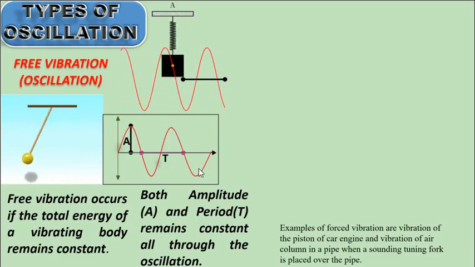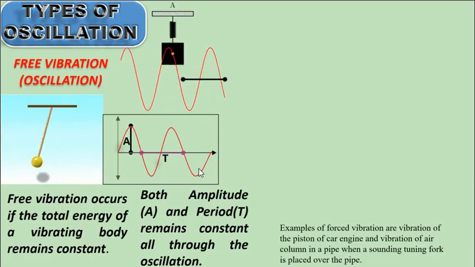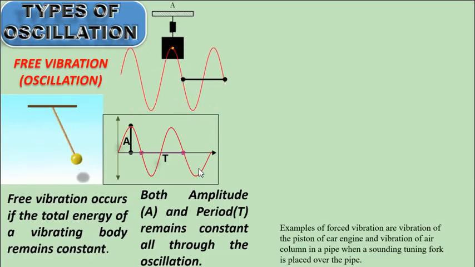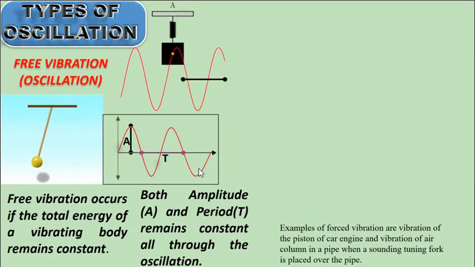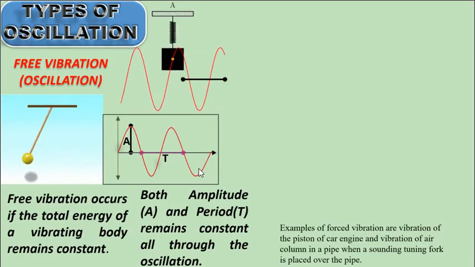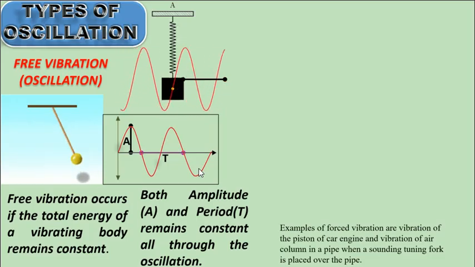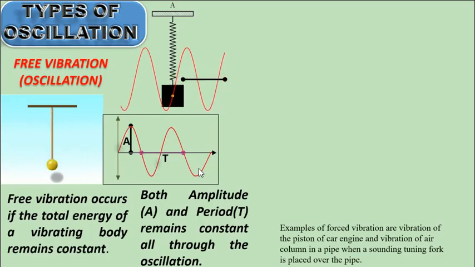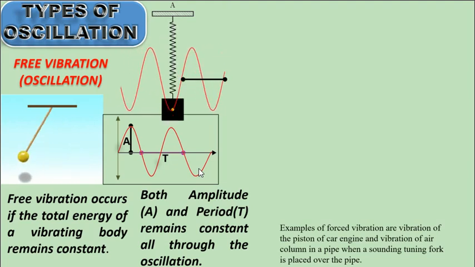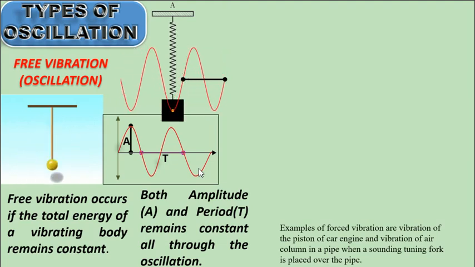So when an object vibrates so that the energy remains constant, implying that the amplitude and the period of oscillation remain constant all through the vibration, such a vibration is known as a free vibration or oscillation.